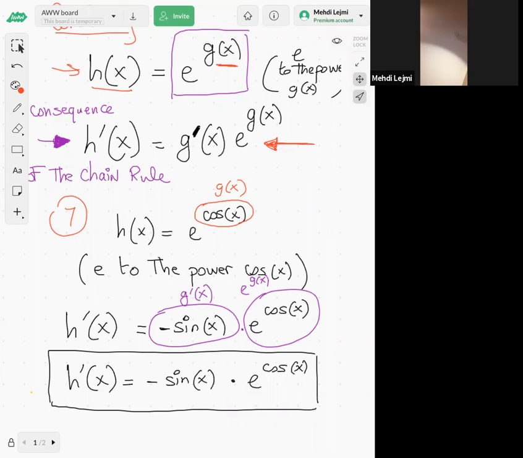So you will see how we compute the derivative of log using the derivative of exponential.